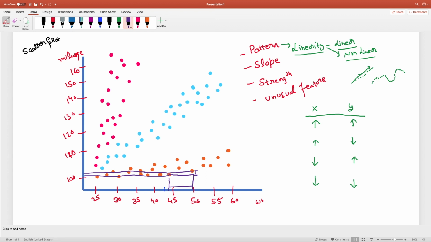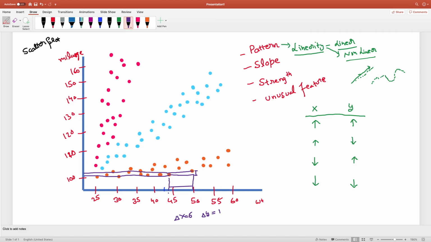So the change in X ranges from 44 to approximately 50, which is approximately a 6 unit change in X. And in Y we have got only 1 unit change. So delta X, the change in X, is equal to 6, whereas the change in Y, delta Y, is equal to 1. Now just think about this perspective.